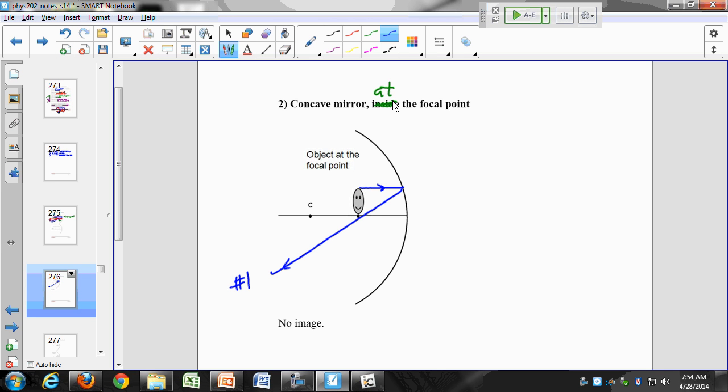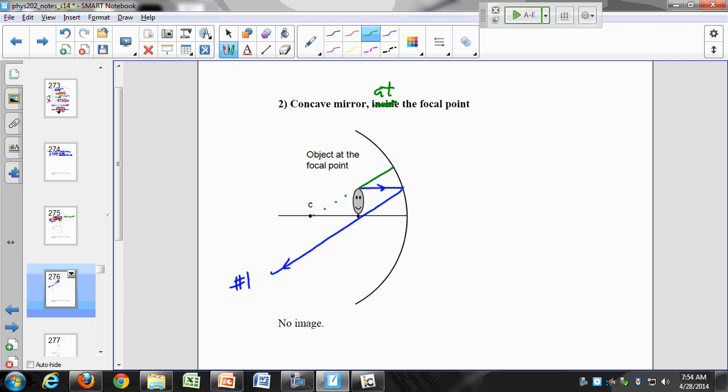Then we can't draw number 2 because we can't draw a ray through the focal point, but I can draw number 3 just through the center of curvature. Now I'm going to draw a ray up like this. I draw it such that it's like it's originating from the center of curvature.